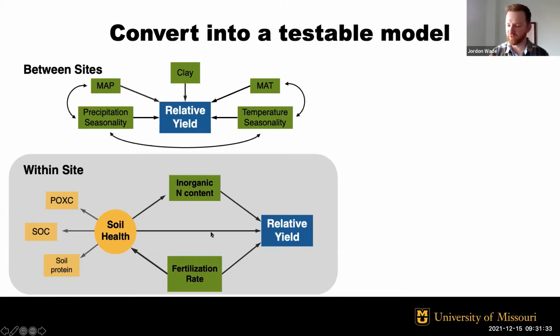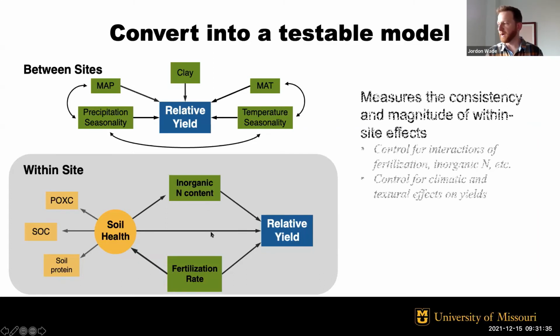And so we are able to then measure the consistency of the effect of soil health. Again, we are really taking away all of these confounding variables to make sure that the effect of soil health is what we think it is.